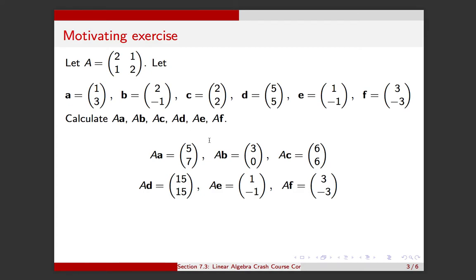Unlike, by contrast, think about this input of little c. When you feed the vector 2, 2 into the matrix, you get 6, 6 back. Okay, 6, 6 is a multiple of 2, 2, right? You just multiply everything by 3. So you fed little c into this machine, and what you got back was a multiple of c. And same thing with d. You fed d in there, and you got 15, 15.